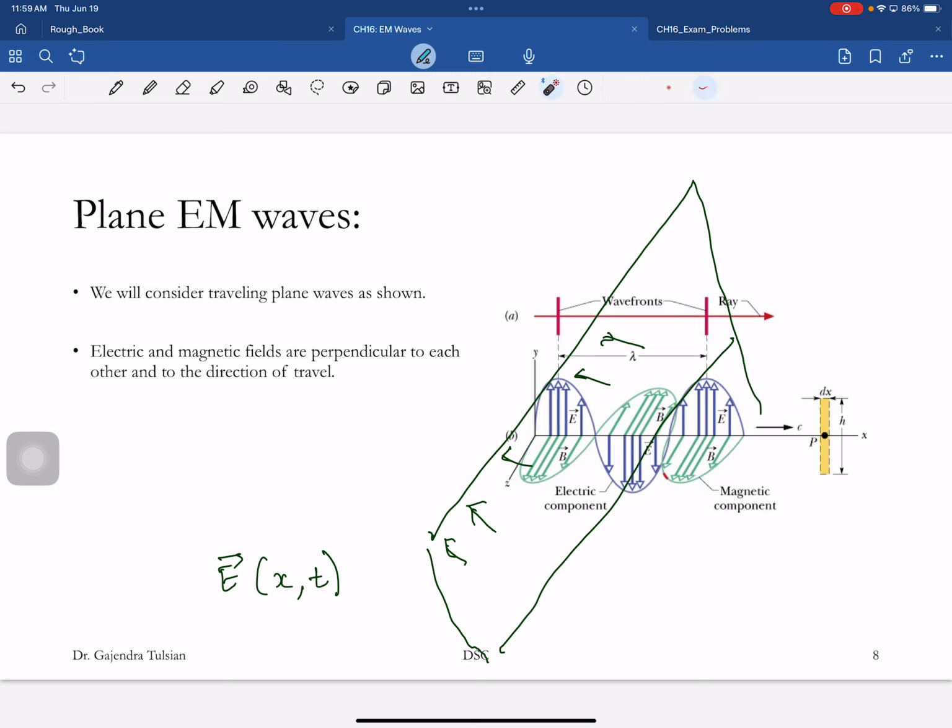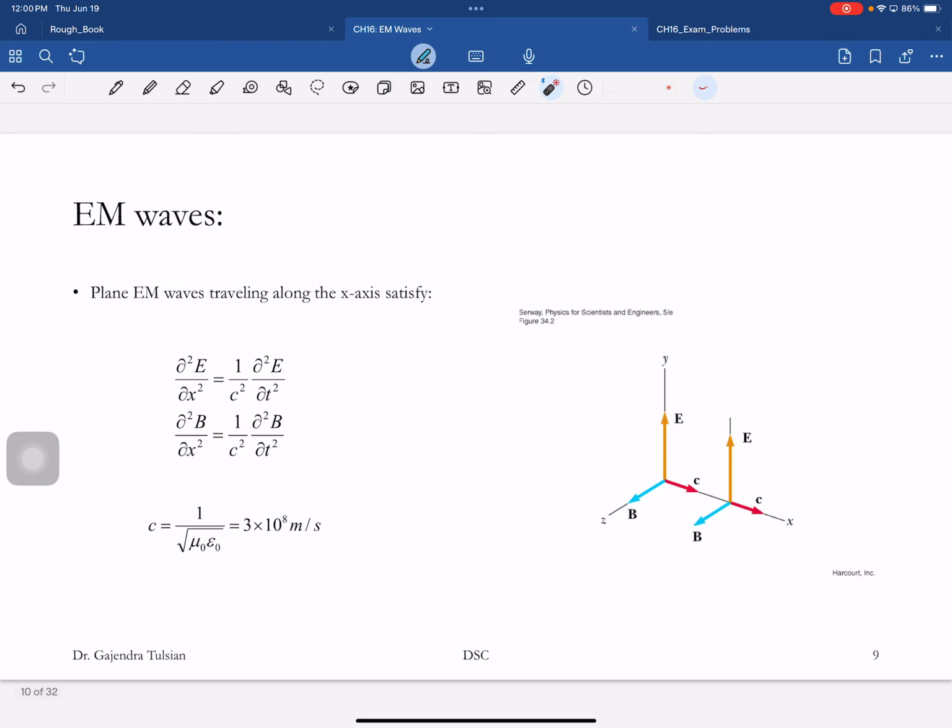All right, so we'll consider plane traveling waves, which are these. Electric and magnetic fields are perpendicular to each other and to the direction of travel. So we're looking at solutions where E is only a function of x and t.